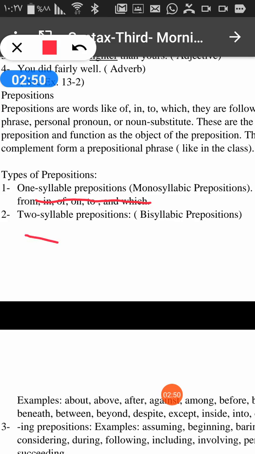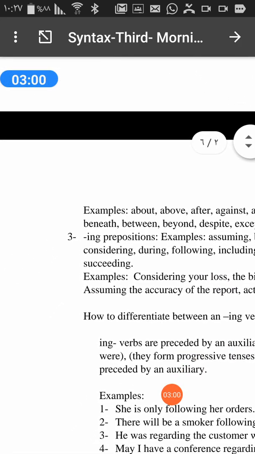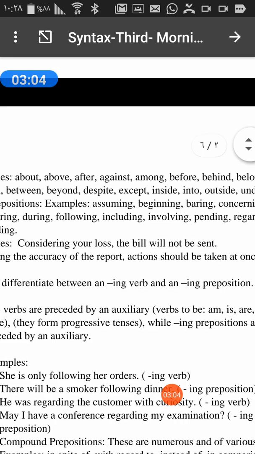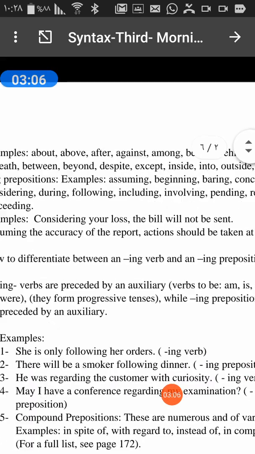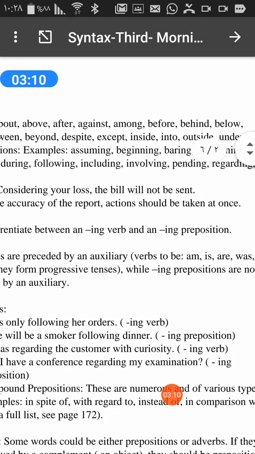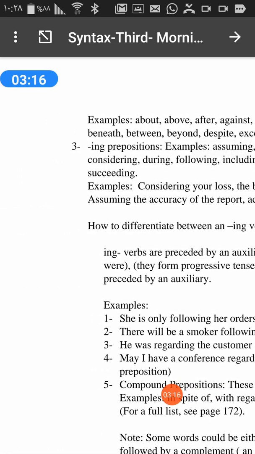And then the two syllable prepositions, bisyllabic prepositions, etc. And then number three, we have the ing prepositions. Examples like assuming, beginning, barring, concerning, considering, during, following, including, involving, pending, regarding, succeeding.